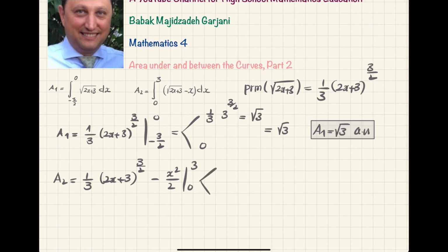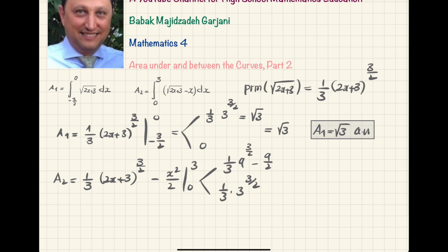If I put 3 here, it becomes 9 to the power 3 over 2, and then I have 9 over 2. Now I put 0. When I put 0, this is cancelled. When I put 0, it becomes 3 to the power 3 over 2.